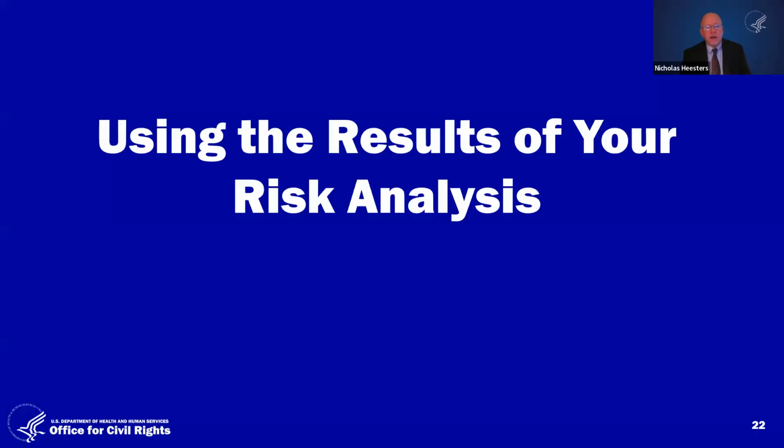I was just looking at one recently where it was a fairly decent sized organization, and we asked for a risk analysis, and the risk analysis we got back was 4 pages long. 4 pages long for a fairly large organization. And the first page was a title page that said HIPAA Security Rule Risk Analysis.